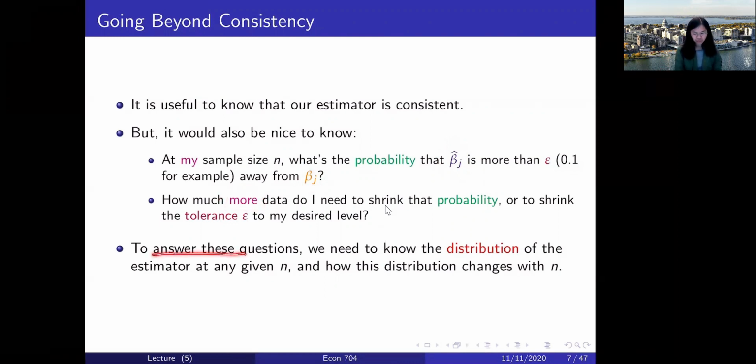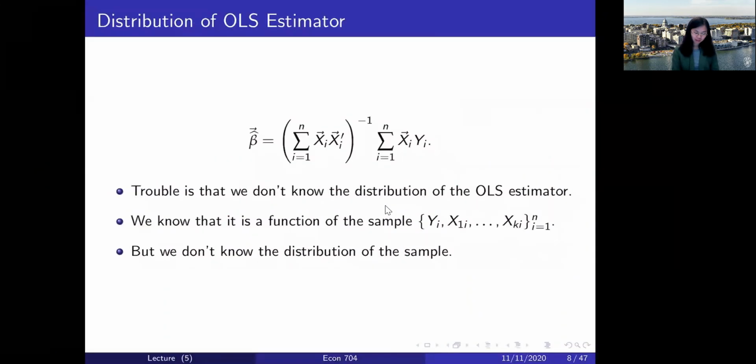To answer those questions exactly, we need to know the distribution of the estimator at any given sample size, and how the distribution changes with the sample size. The problem, however, is we do not know the distribution of the OLS estimator.